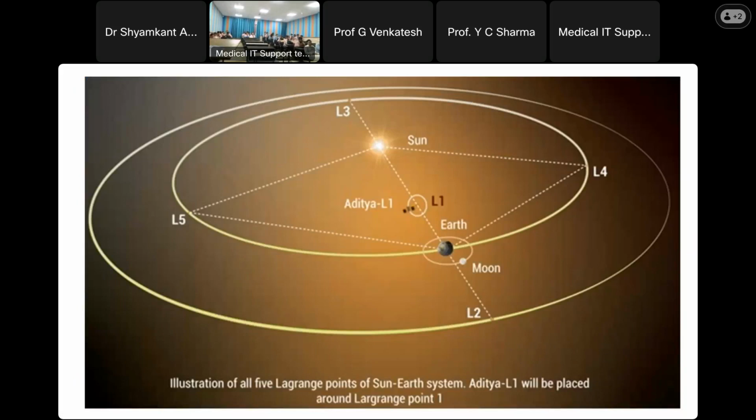And here you can very well locate that the Moon is revolving around Earth and the L1 point is far, and this makes a clear vantage point to observe the Sun.